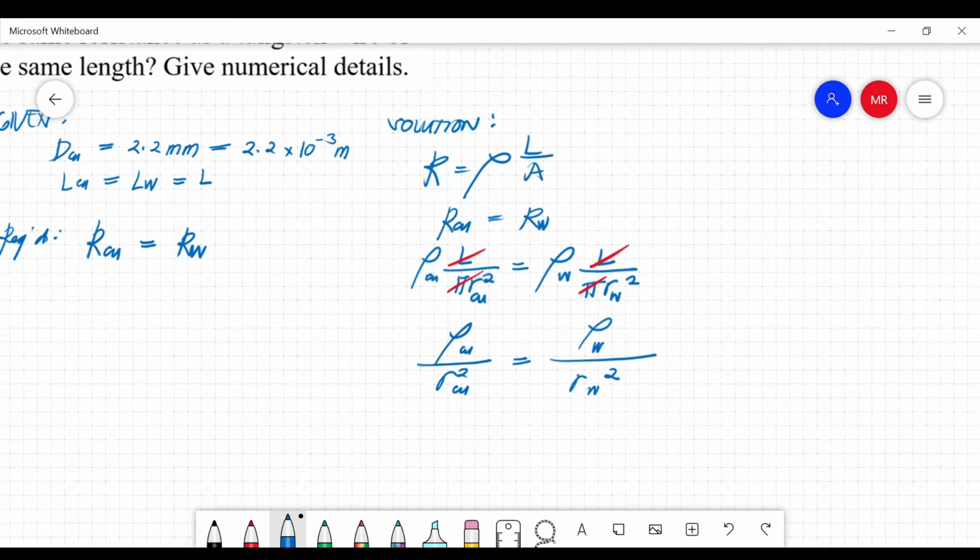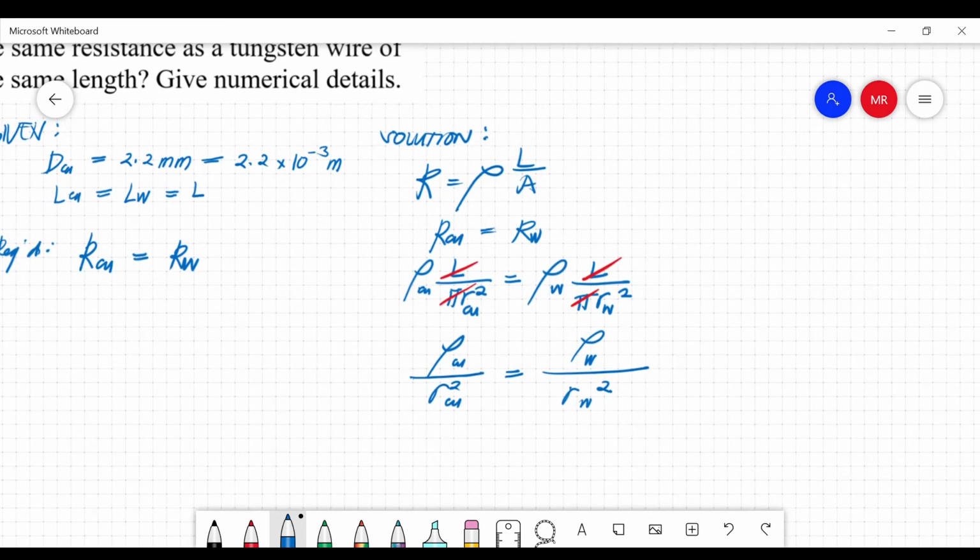Therefore, the radius of the copper will be equal to 1.1 millimeter, dividing 2.2 by 2. So this would be 1.1 millimeter, or 1.1 times 10 raised to negative 3 meter.